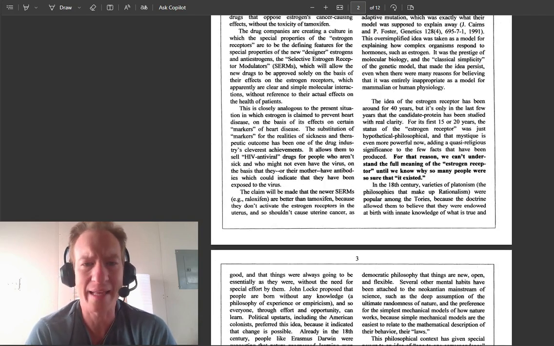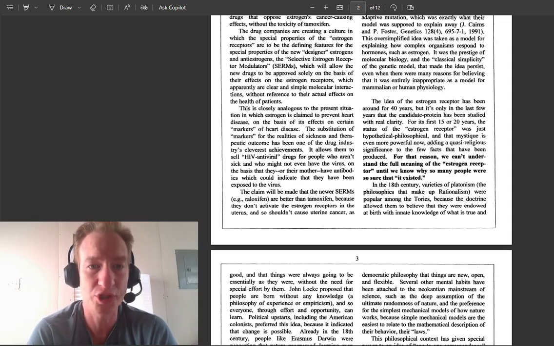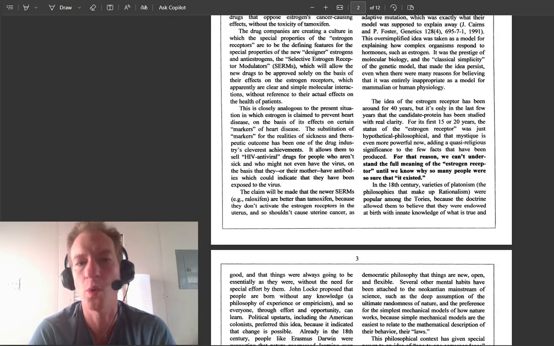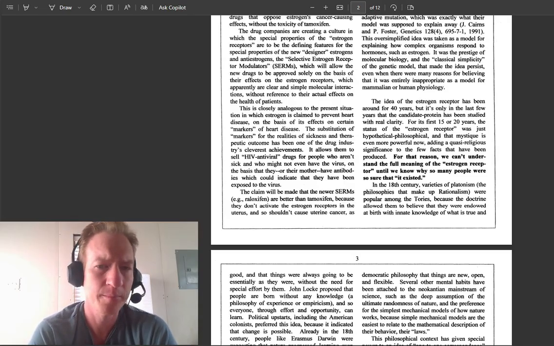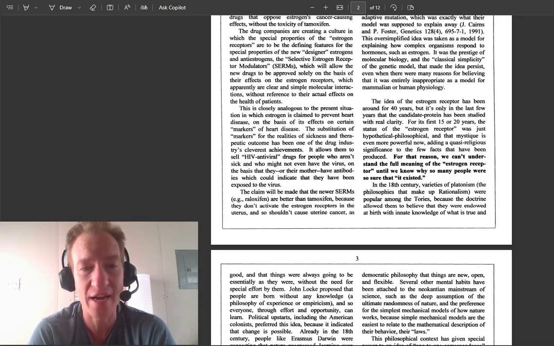This is closely analogous to the present situation in which estrogen is claimed to prevent heart disease on the basis of its effects on certain "markers" of heart disease. The substitution of "markers" for the realities of sickness and therapeutic outcome has been one of the drug industry's cleverest achievements. It allows them to sell "HIV antiviral drugs" for people who aren't sick and who might not even have the virus, on the basis that they or their mother have antibodies which could indicate that they have been exposed to the virus.